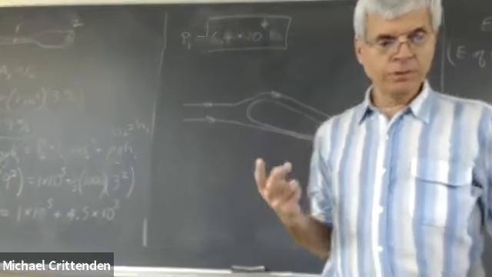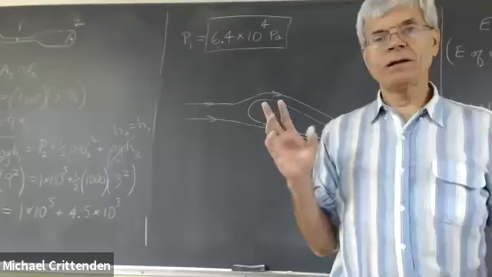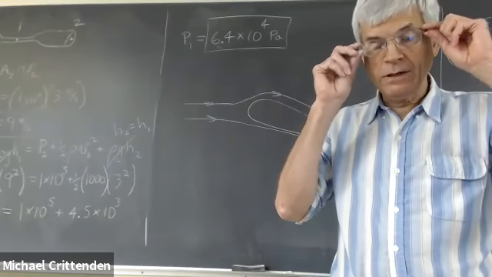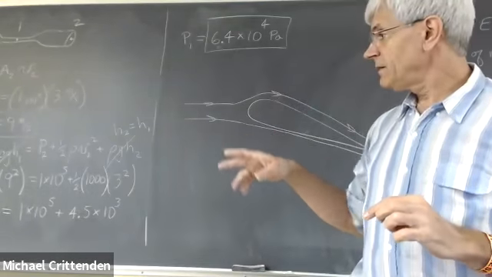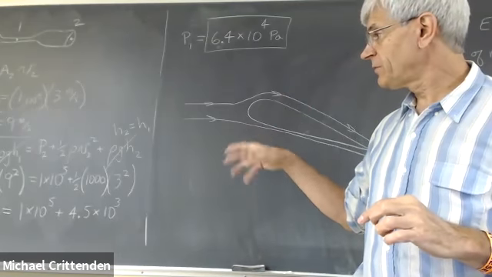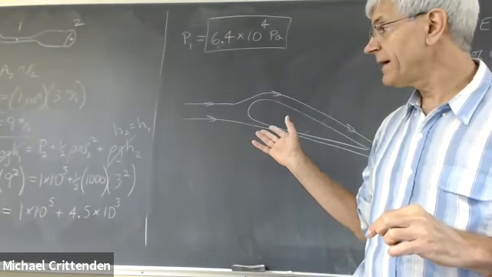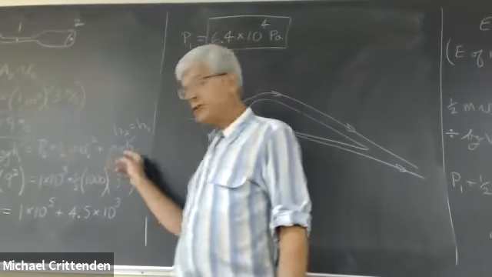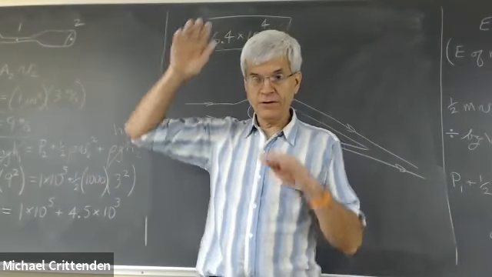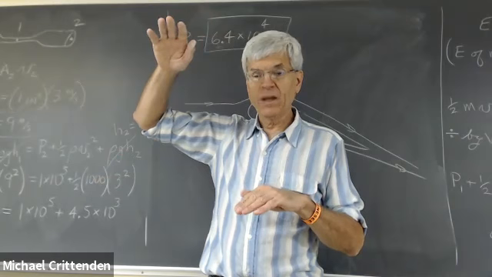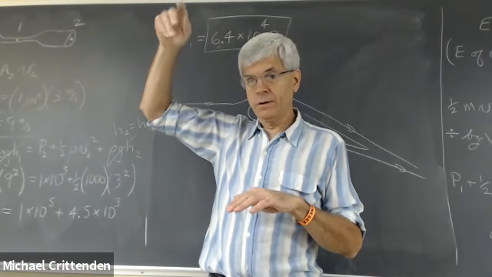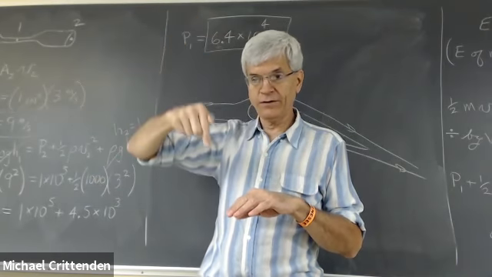Basically, Bernoulli's equation, if you want to distill it into words instead of an equation with subscripts and Greek letters, the rho g h term says if there's a difference in height, all else being equal, the pressure increases as you go down.